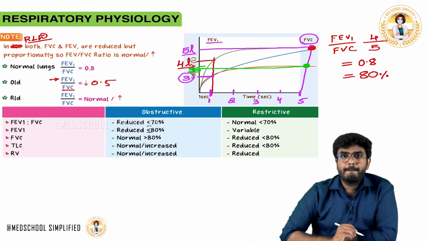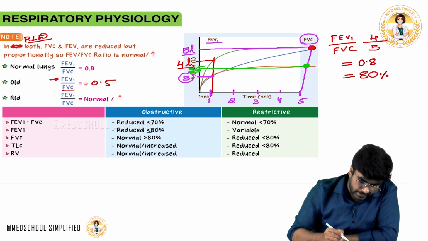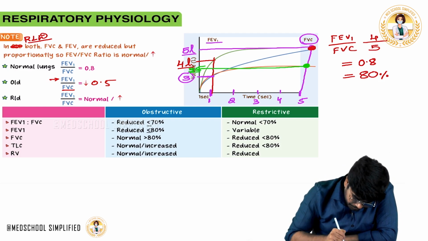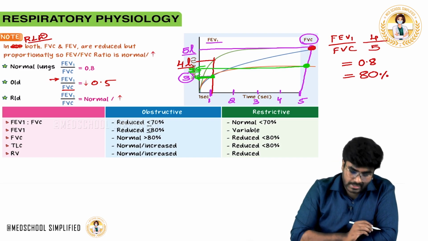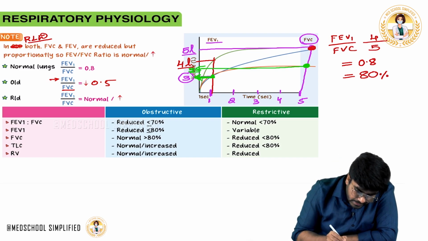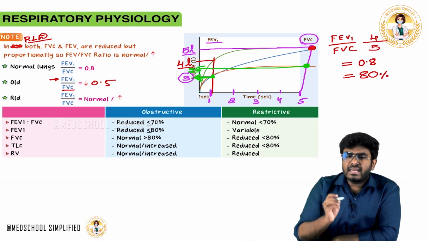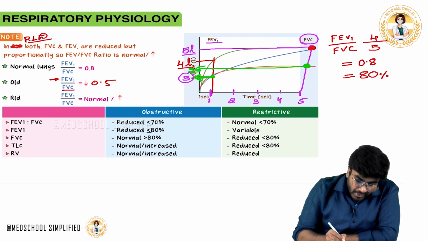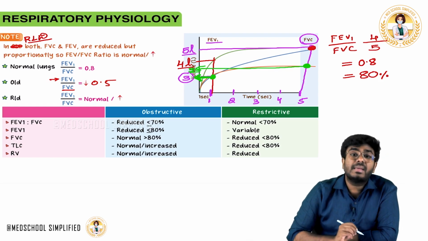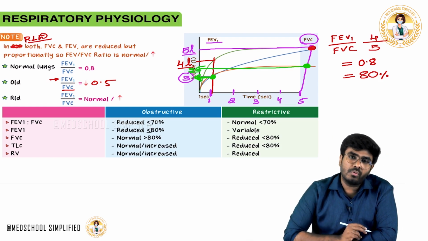Not only FVC, please see here the FEV1 of the orange graph. FEV1 is also decreased. FEV1 in a normal person is 4 liters. Here it is 3 liters. What I am trying to put into your mind is, FVC decreases, no doubt, but FEV1 also decreases proportionately.